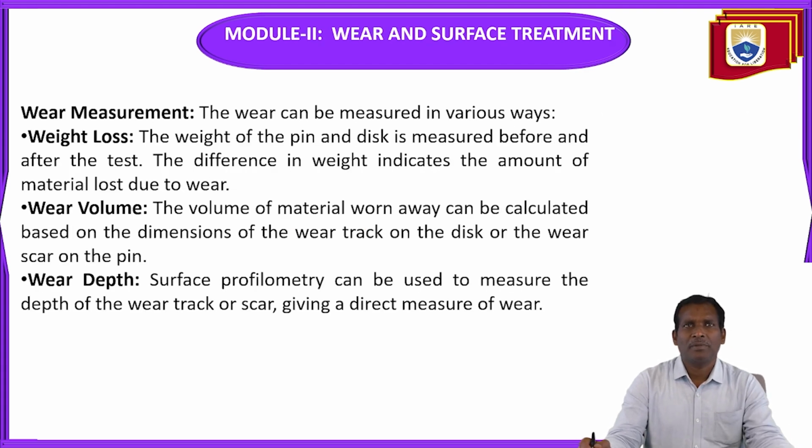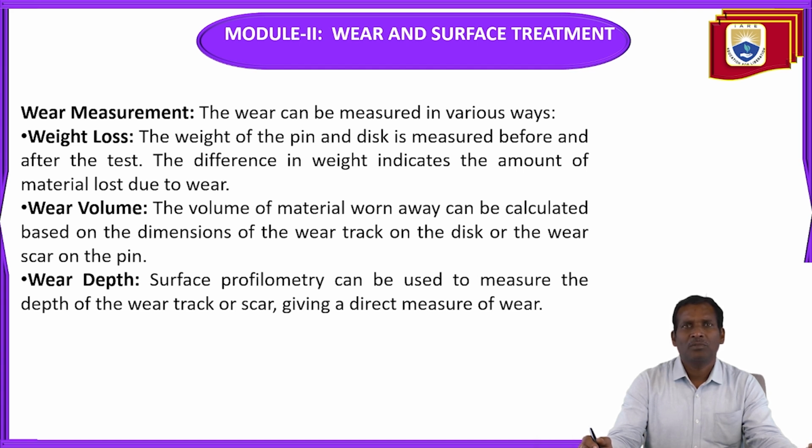Next, wear measurement. The wear can be measured in various ways. One is weight loss. The weight of the pin and disc is measured before and after the test. The difference in weight indicates the amount of material lost due to wear.